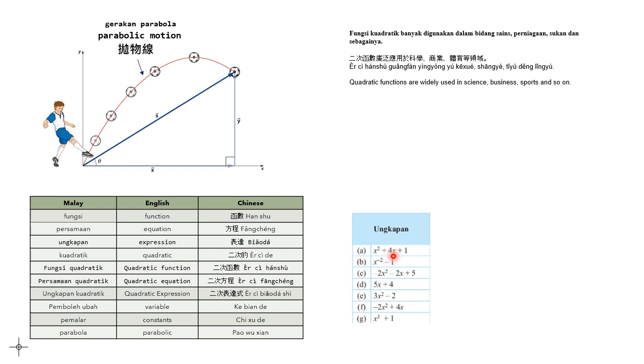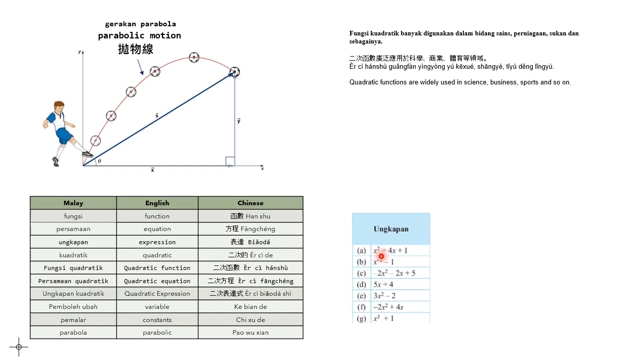So, in any quadratic equations, you hanya mempunyai satu pemboleh ubah. Okay, that is only one variable, so that is X. So the highest power of X should be power of 2.